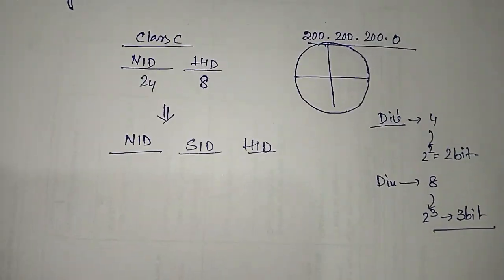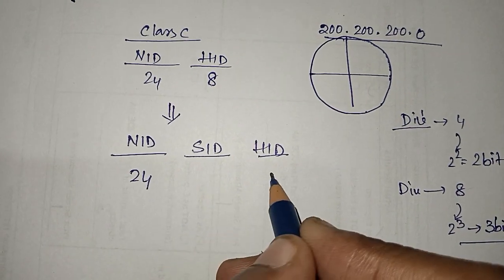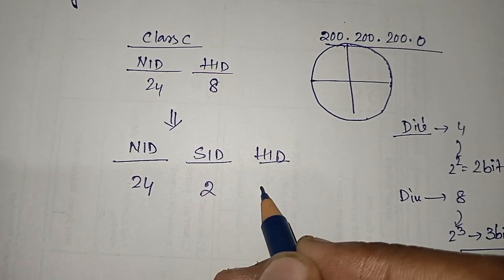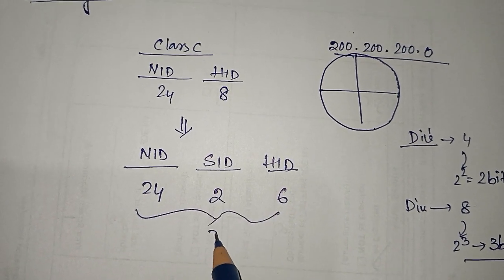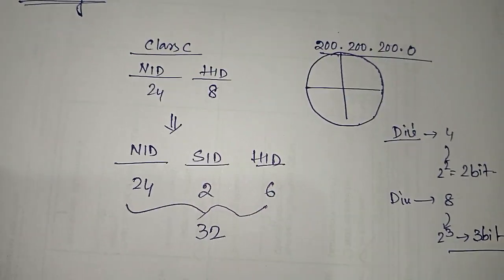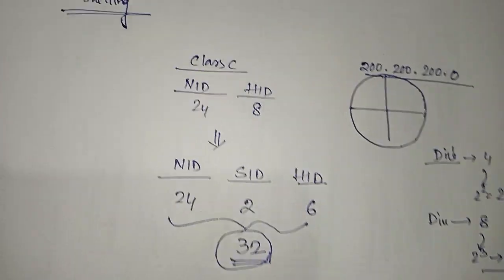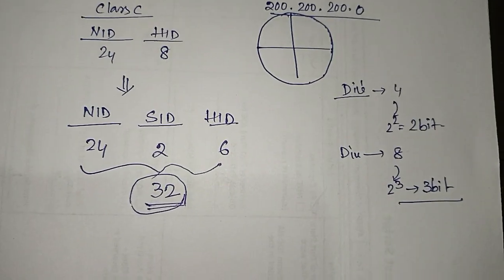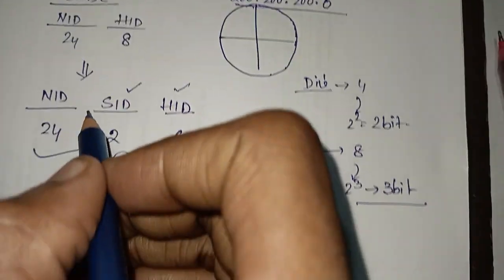So the network ID is 24 bits, the subnet bits are 2, and the host ID bits are the remaining 6. In total we get 32 bits. The total bits do not change; we are changing only the subnet ID and host ID.